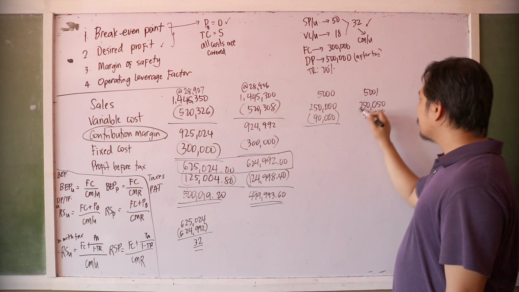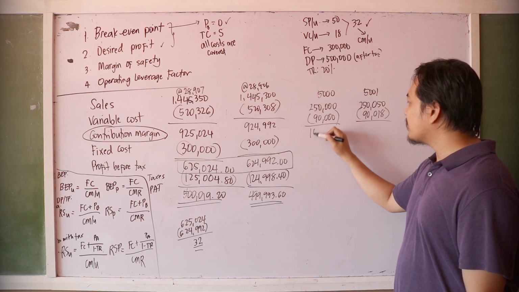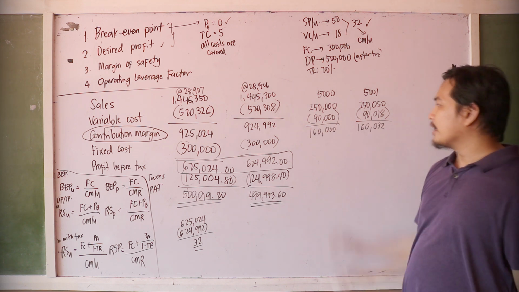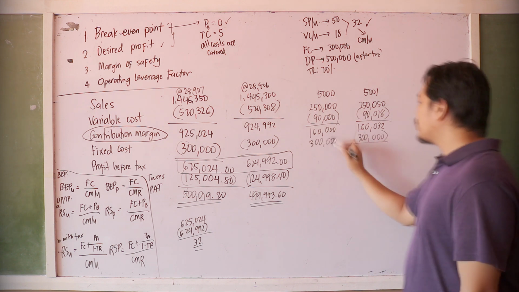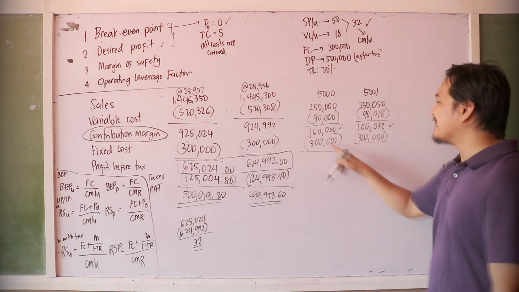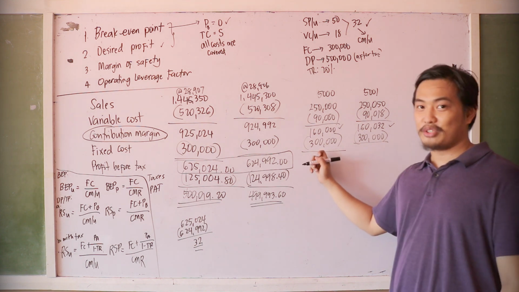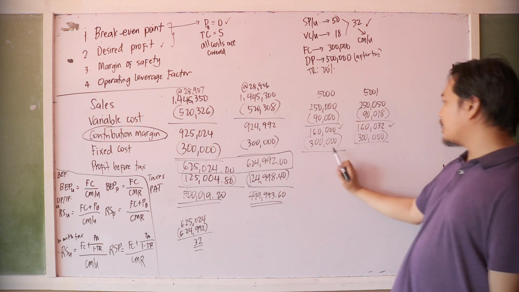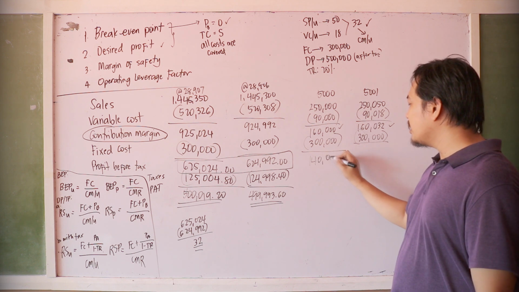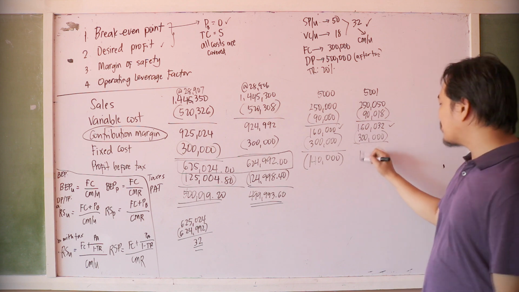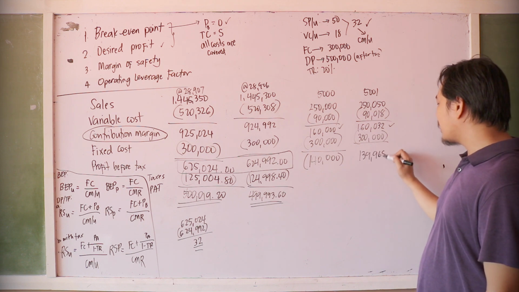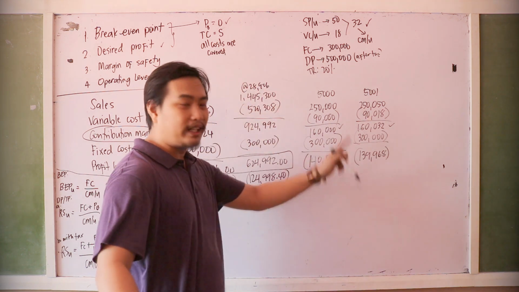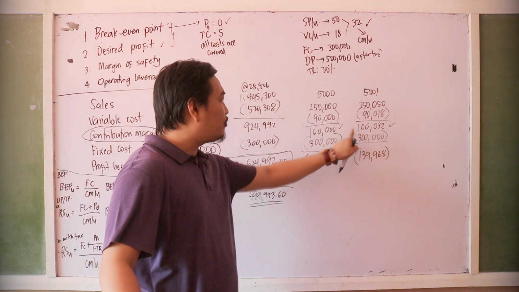And ang kanyang contribution margin would be 160,000. Dito naman 160,032. Ang fixed cost natin is 300,000. Take note ha, tignan niyo yung contribution margin. It's not enough to cover your fixed cost. Kasi nga nandun pa tayo sa below ng break-even point. Pero look, yung loss dito is 140,000 loss. Dito naman 139,968. Sabi ko nga kanina, ang contribution margin, ang behavior niya below the break-even point is that it contributes to the coverage of your fixed cost.